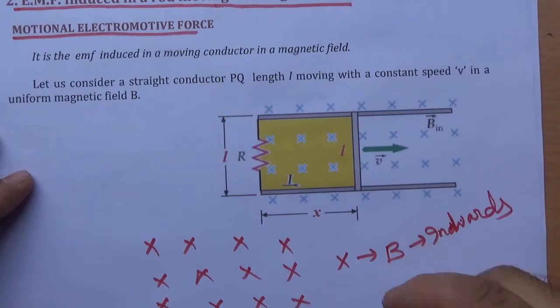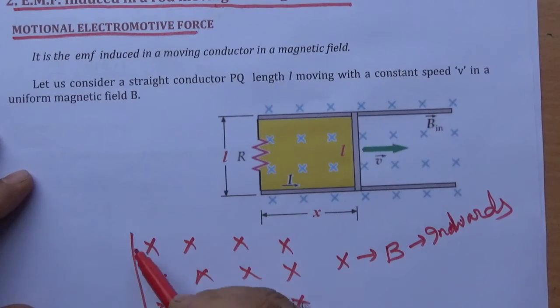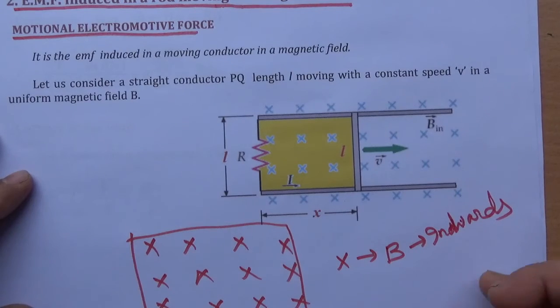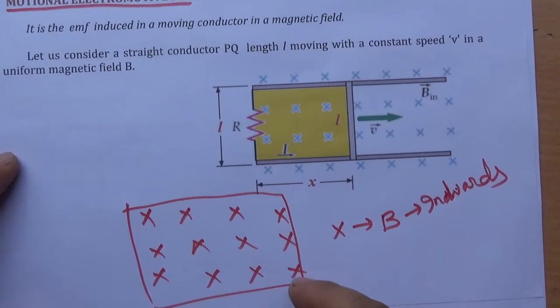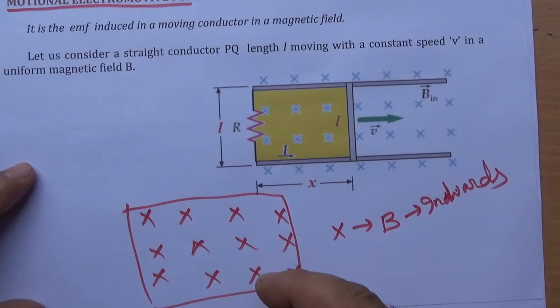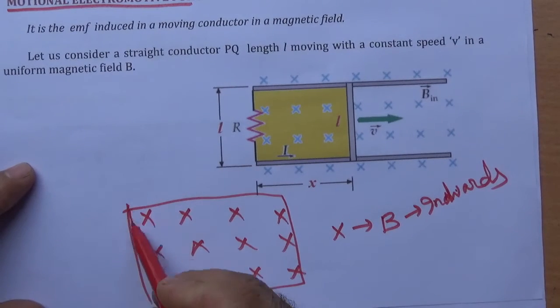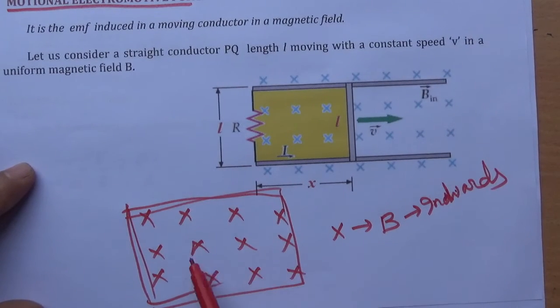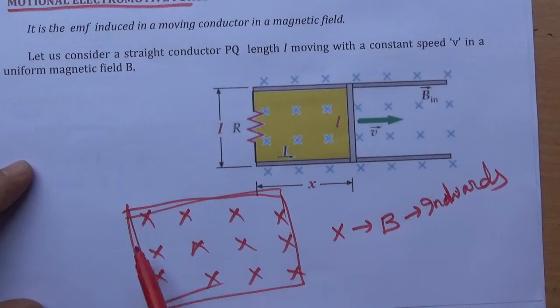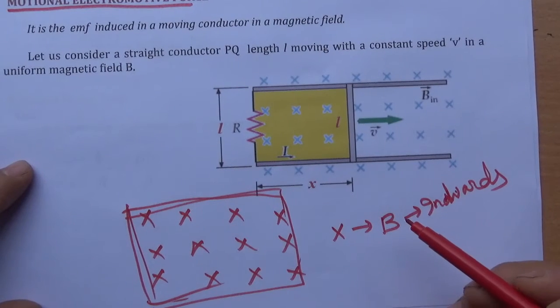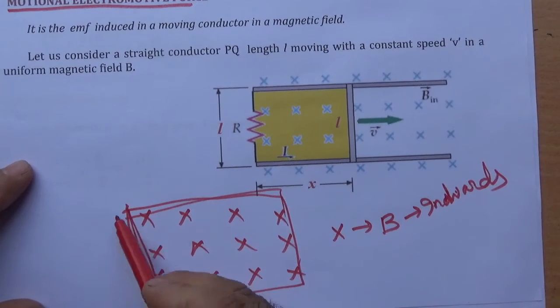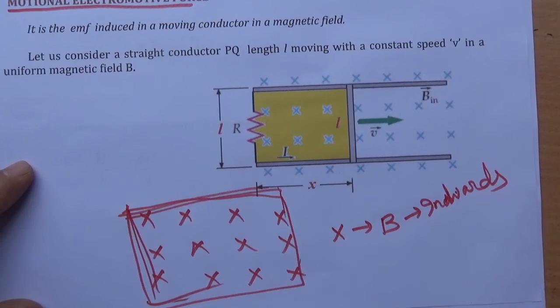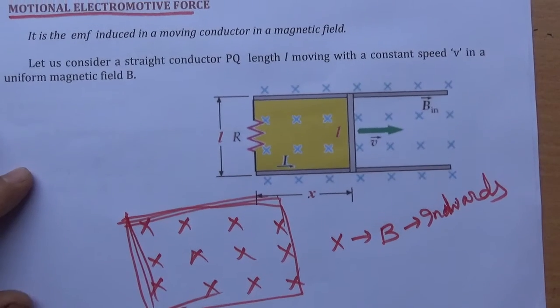This is the symbol we use for the direction of the magnetic field.